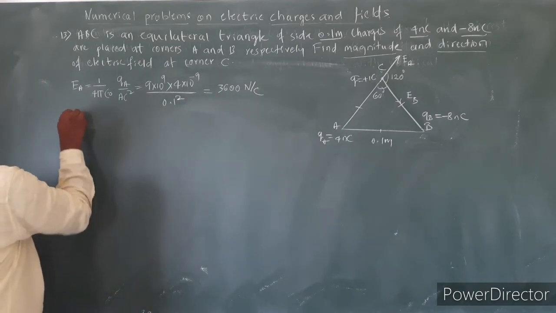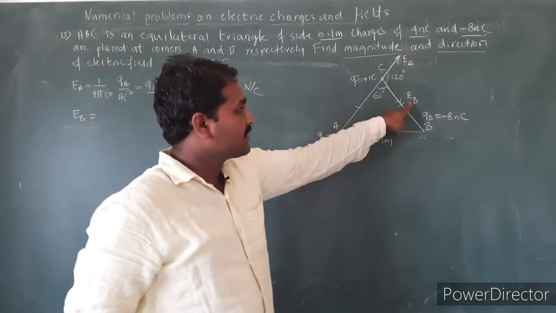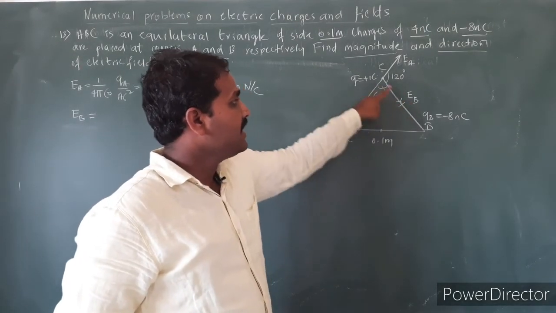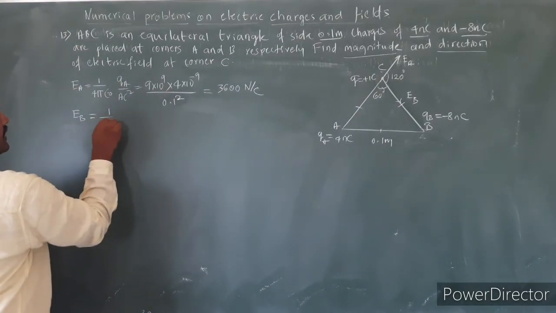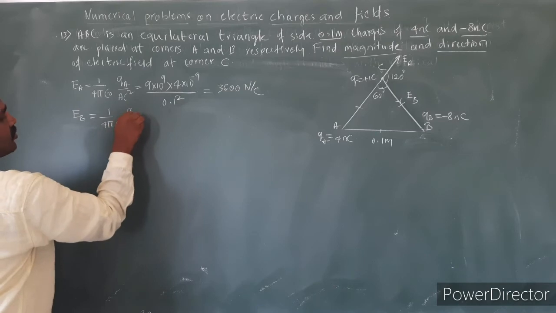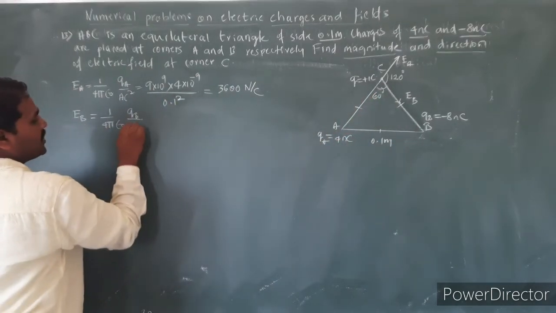Similarly, let me calculate the magnitude of second electric field, that is electric field EB because of charge B at point C. Okay, so let me write the equation for that. That is equal to 1 by 4 pi epsilon naught, source charge is QB here, divided by the distance, that is BC square.